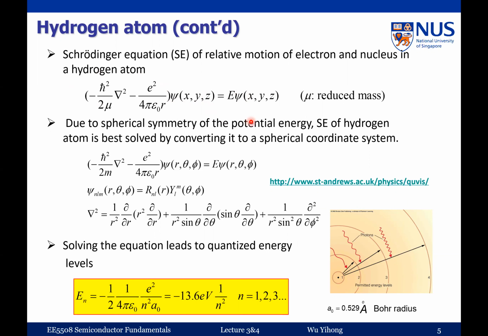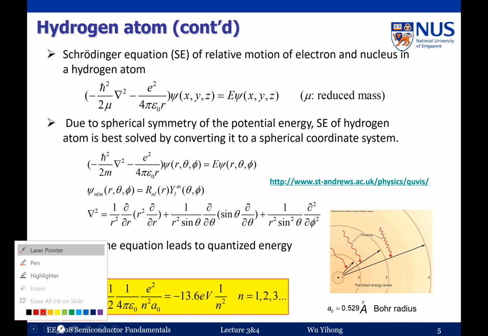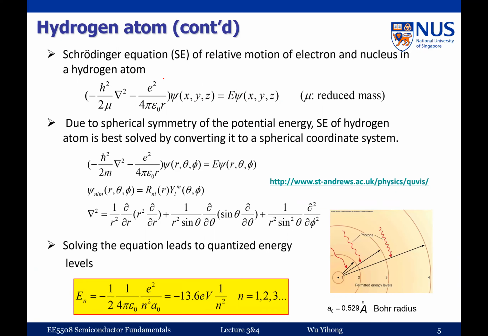Now, you can see that what's inside this bracket is the Hamiltonian H, and E is the energy. If we can find the solution of this Schrödinger equation, we should be able to find both the wave function and the energy associated with the wave function. And this mu is the reduced mass.